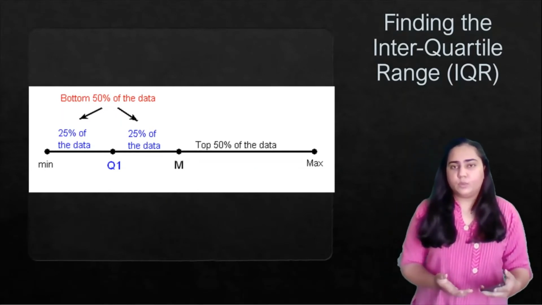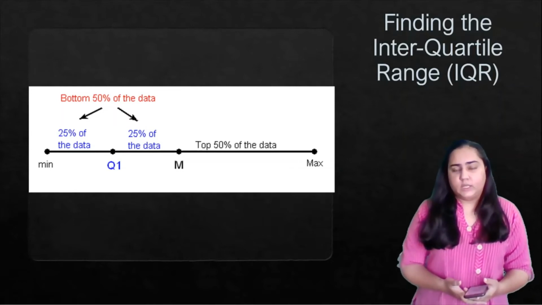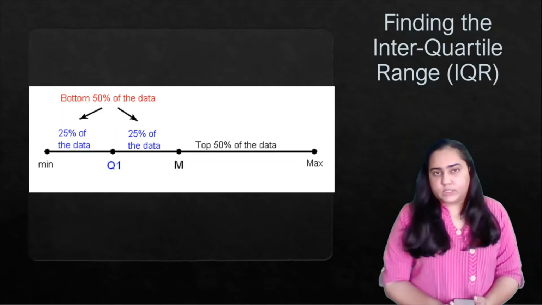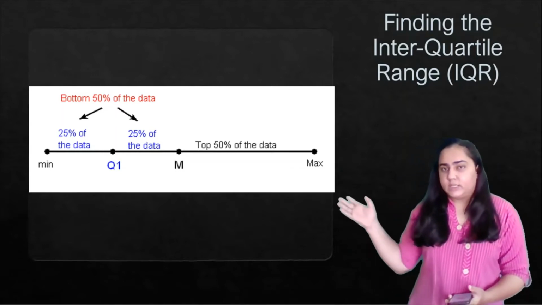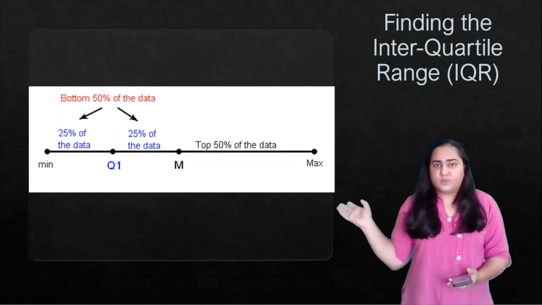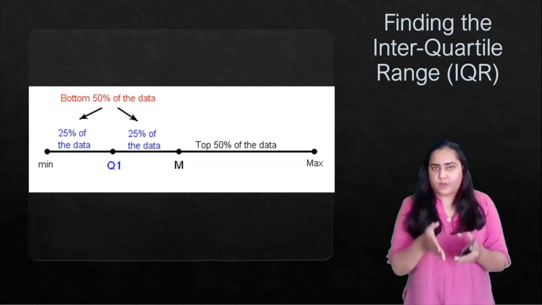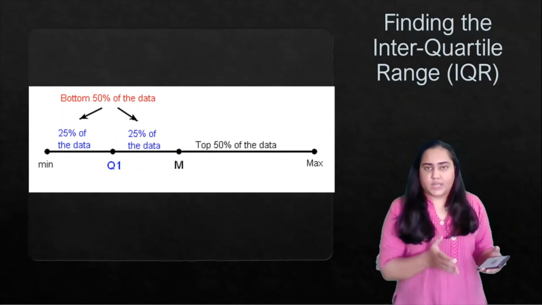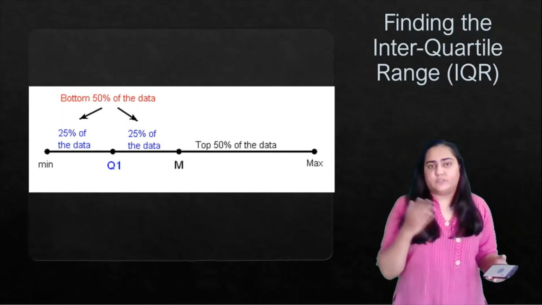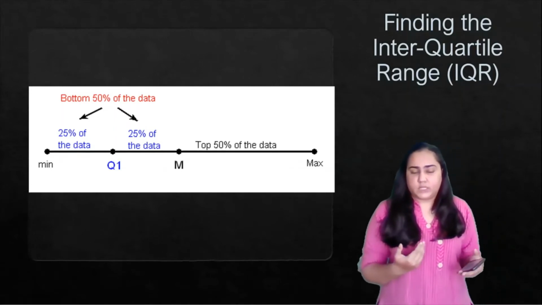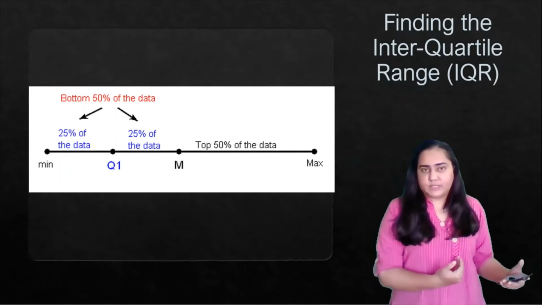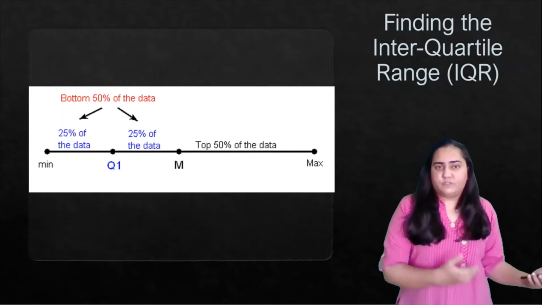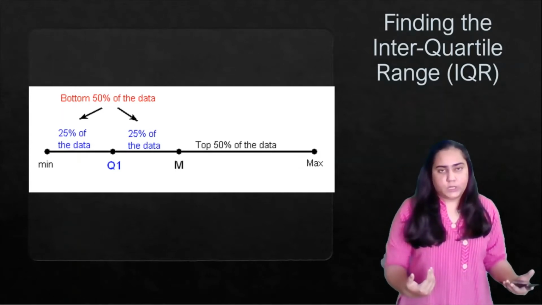So we're going to find two quartiles basically. The first quartile we will denote as Q1. You can see in this diagram that first I have found the median, and then on the left side of the median, whatever data I have, I will find the median of that too. Whatever's on the left side, which is 50% of data, I have divided into two equal parts of 25% each.